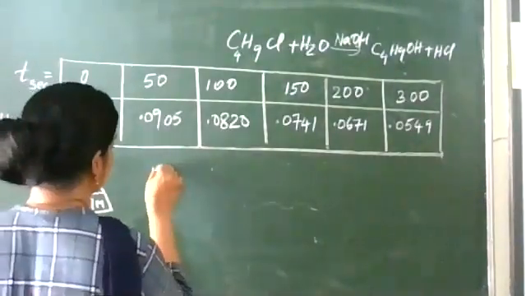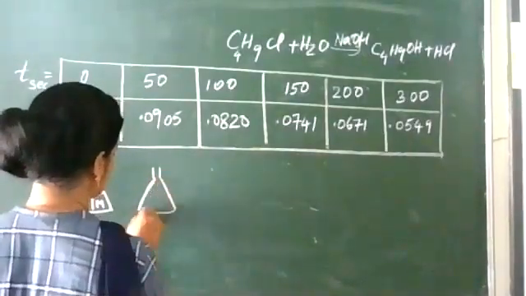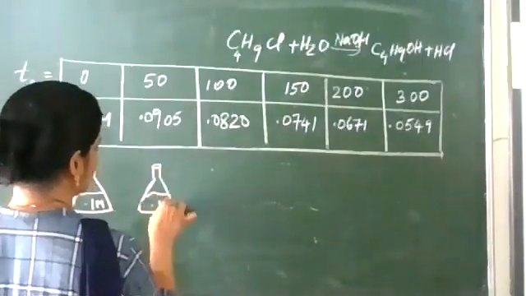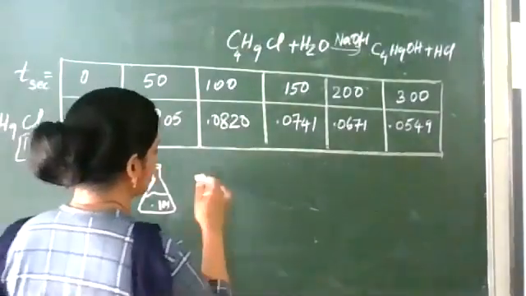In the next conical flask again we have taken 0.1 molar butyl chloride.